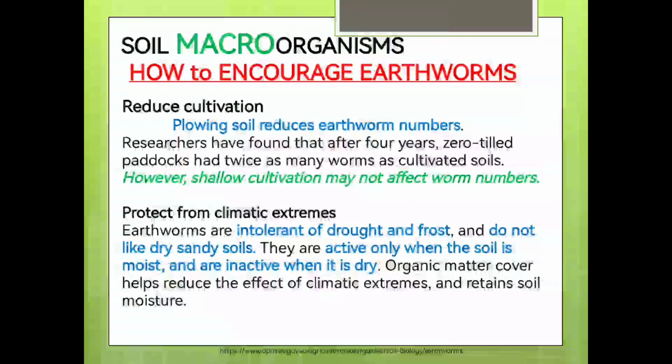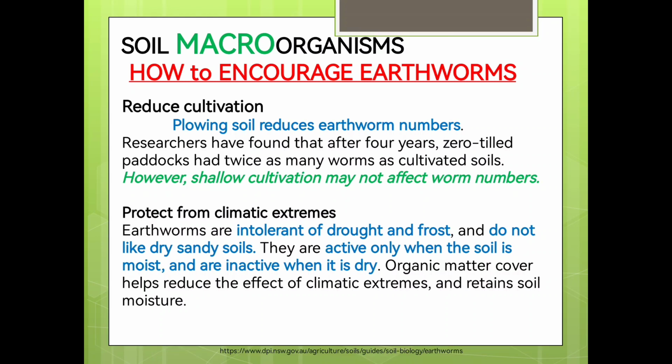And then we need to reduce cultivation because plowing soil reduces earthworm numbers. Researchers have found out that after 4 years, zero-tilled plots had twice as many worms as cultivated soils. However, shallow cultivation may not affect worm numbers. Every time na binubungkal natin yung lupa, we destroy and we kill some of those earthworms.